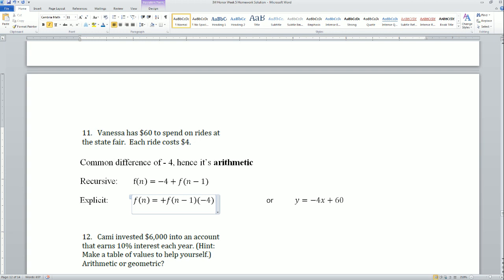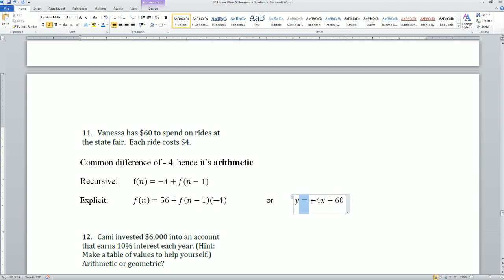So it should be 56. Yes. Right. Plus, right? Because the first term represents 1 ride already. So that's why it's 56, not 60. 60 was when she goes on 0 rides. So f of n is equal to 56 plus f parentheses n minus 1 times -4.